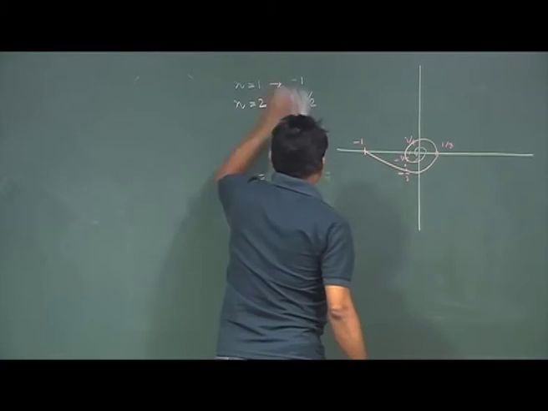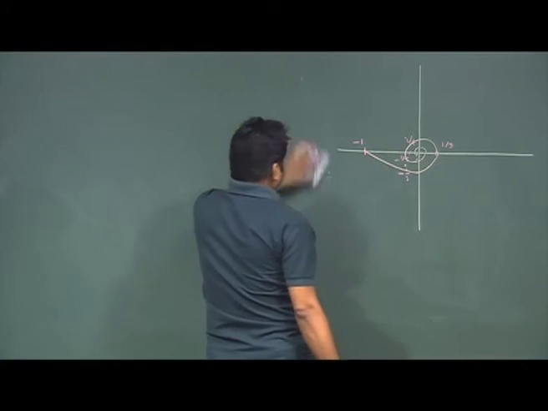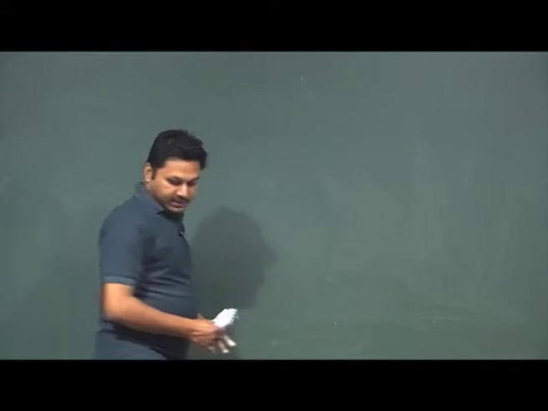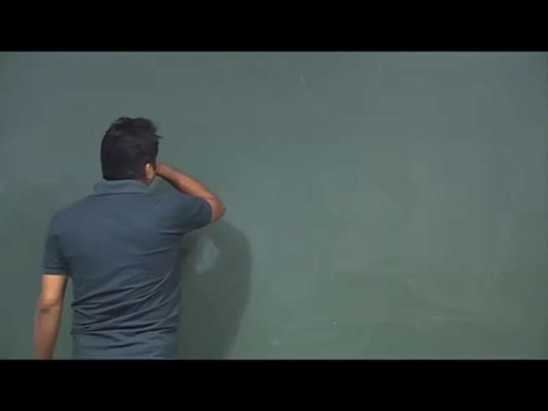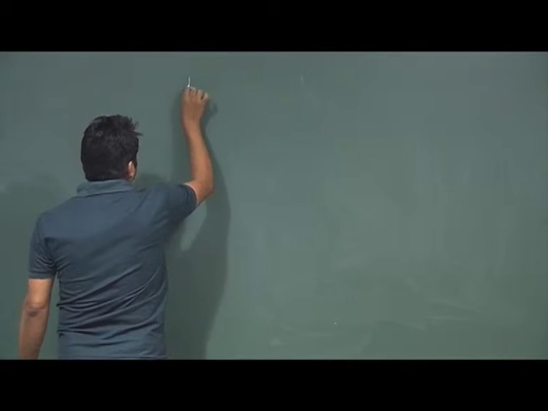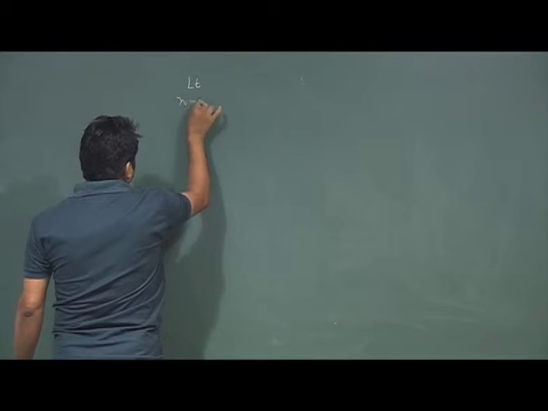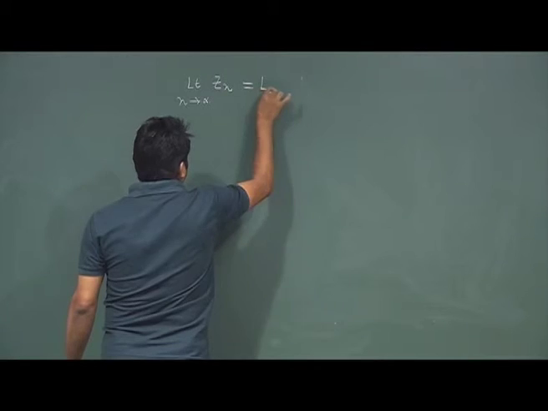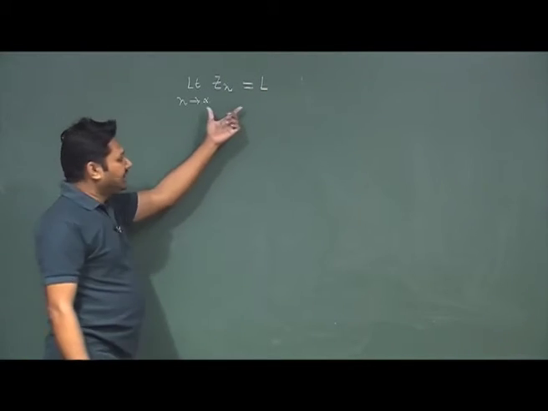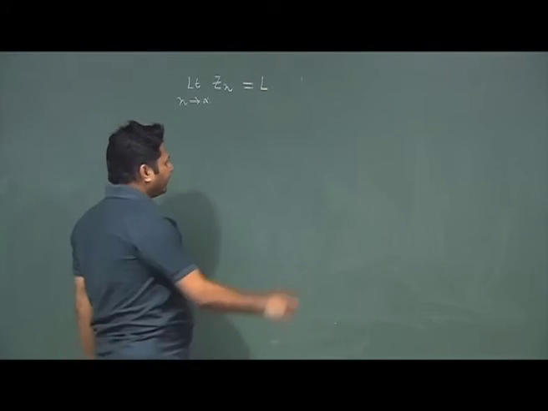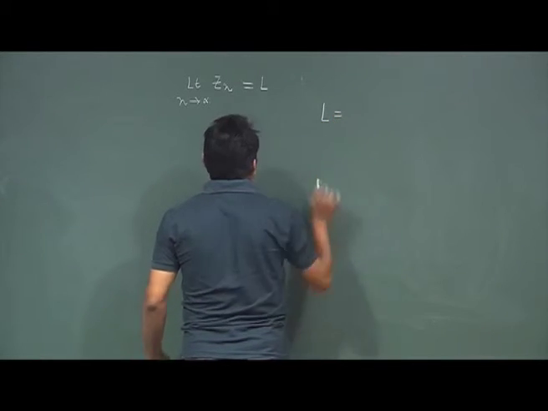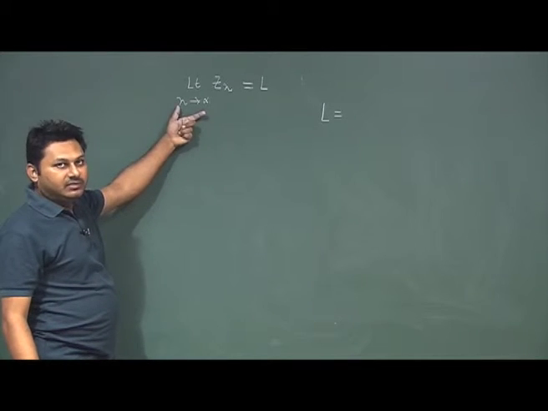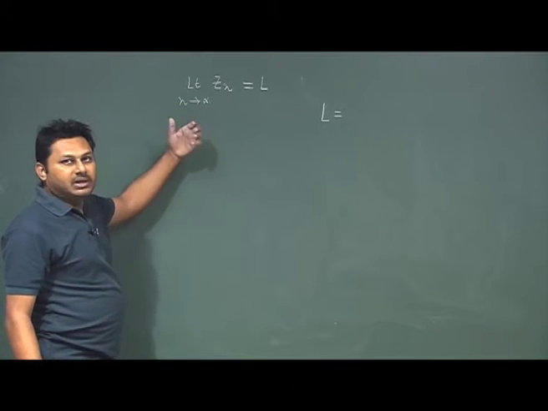We will obviously show more examples, so that understanding will be clear, but before that, when limit n tends to infinity Zn is L, you should realize one fact, that L is a complex number, because Zn is a complex number. So whatever result I am getting should be a complex number.